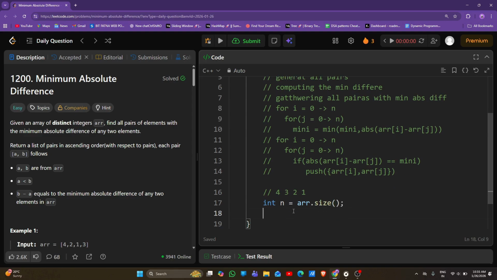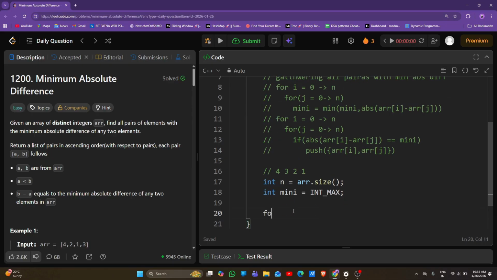then int mini will be a variable for maintaining the answer, initialized to int max, because we are going to collect the best minimum difference from all the differences.